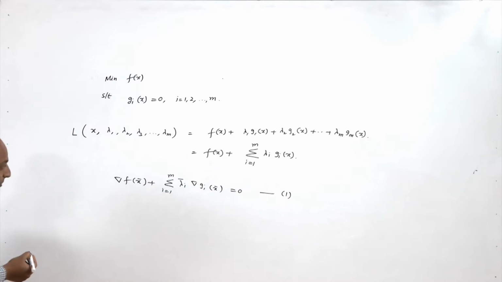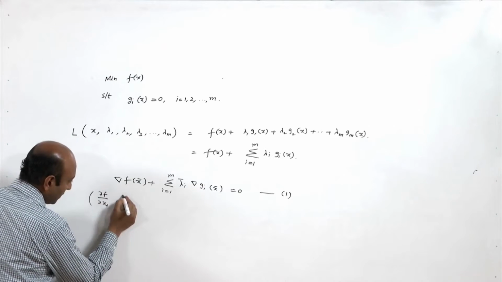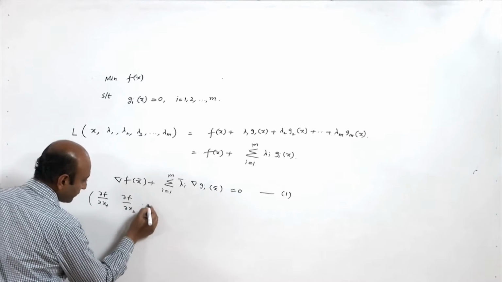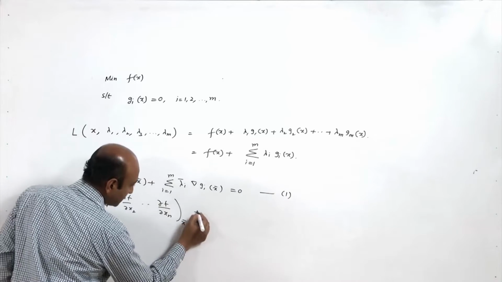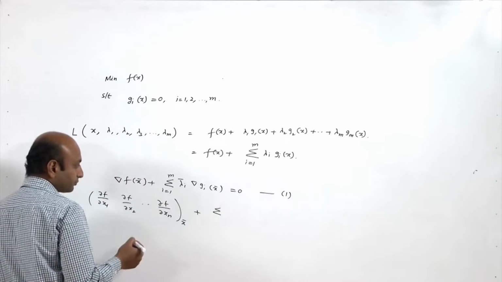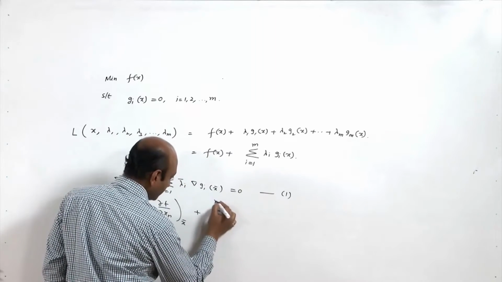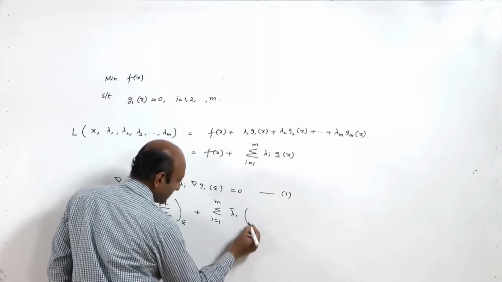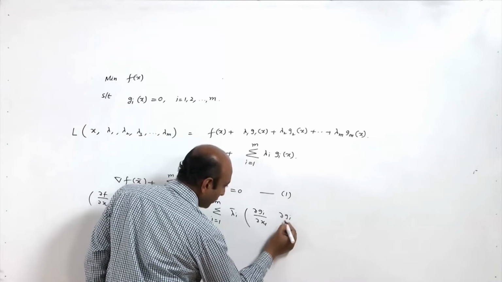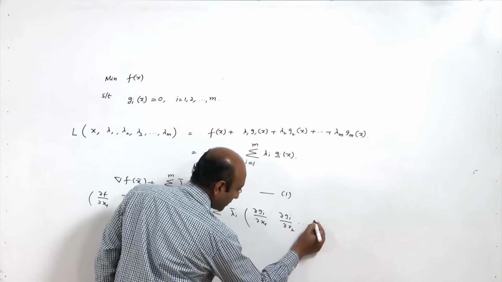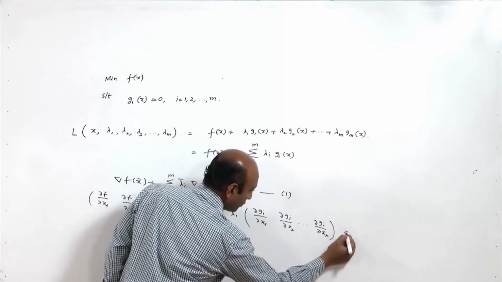Now, what does this condition mean? What is the gradient of f at x bar? This is del f upon del x 1, del f upon del x 2 and so on, del f upon del x n at x bar, plus summation i from 1 to m lambda i bar times del g_i upon del x 1, del g_i upon del x 2, and so on up to del g_i upon del x n, equal to 0.